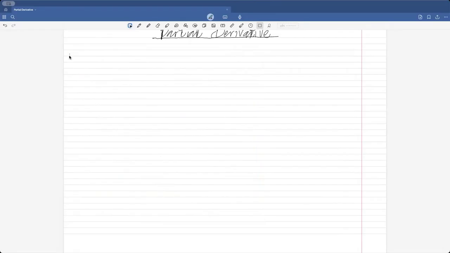Number one, let's say we have f(x, y) equals cos of 2xy plus 4x. Let's keep this short.